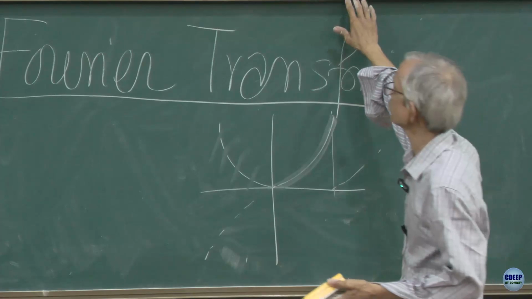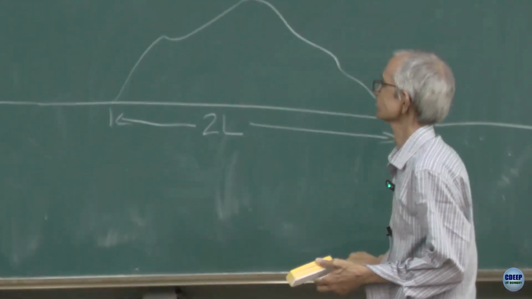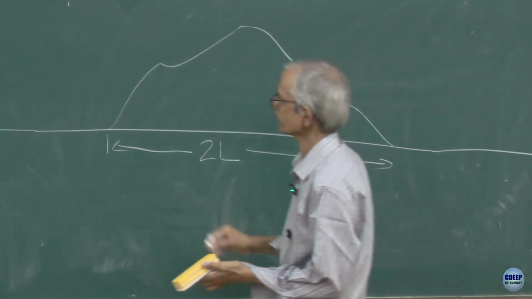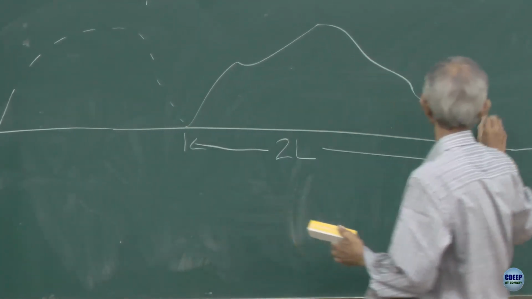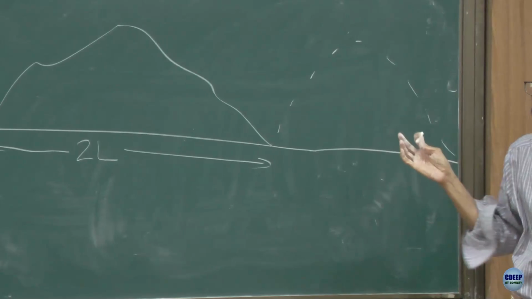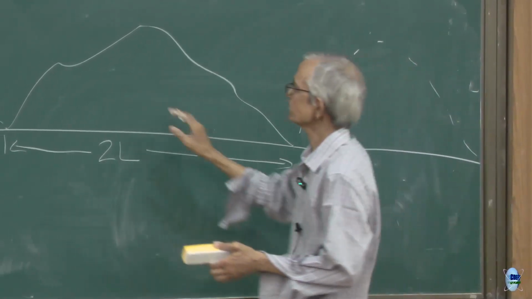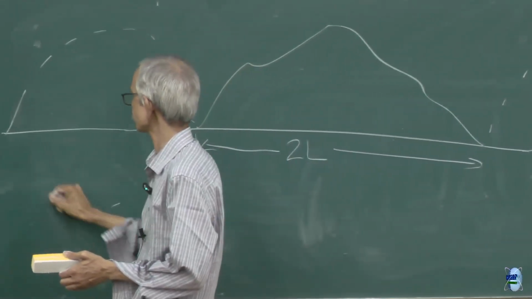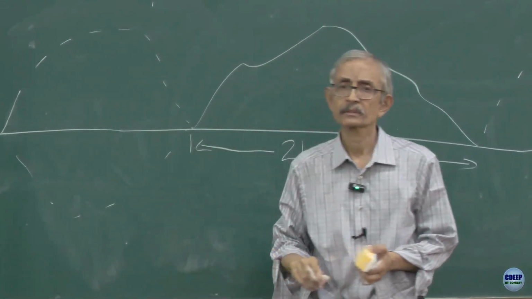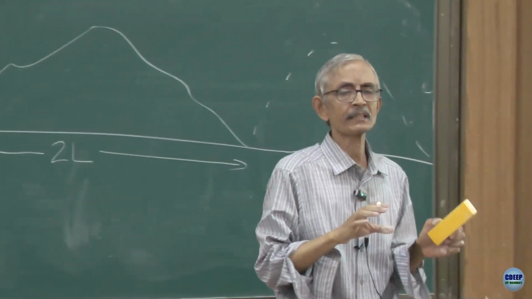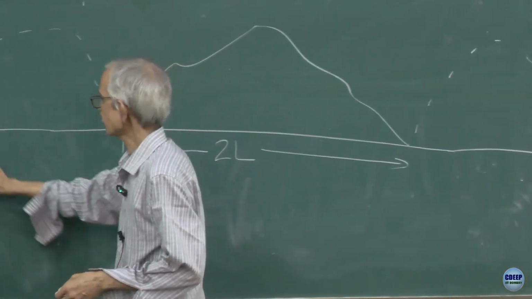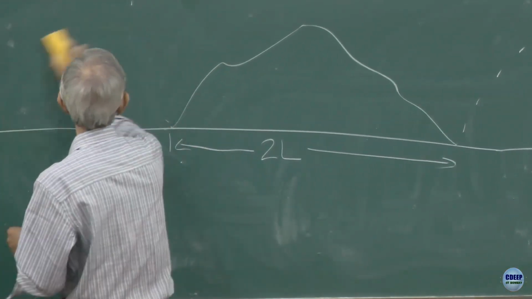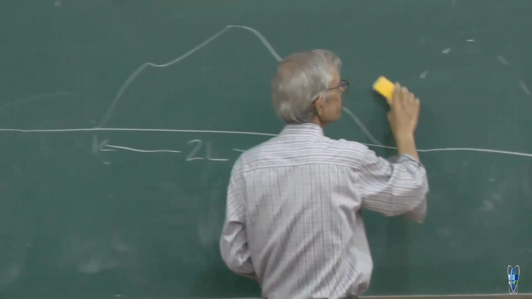I'll do the same thing here. I can make this periodic by saying that I'm going to have dummy signals here. All these are dummies. This dummy could be like this also. No problem. I'm going to create dummy signals so that I can represent this as a Fourier series.